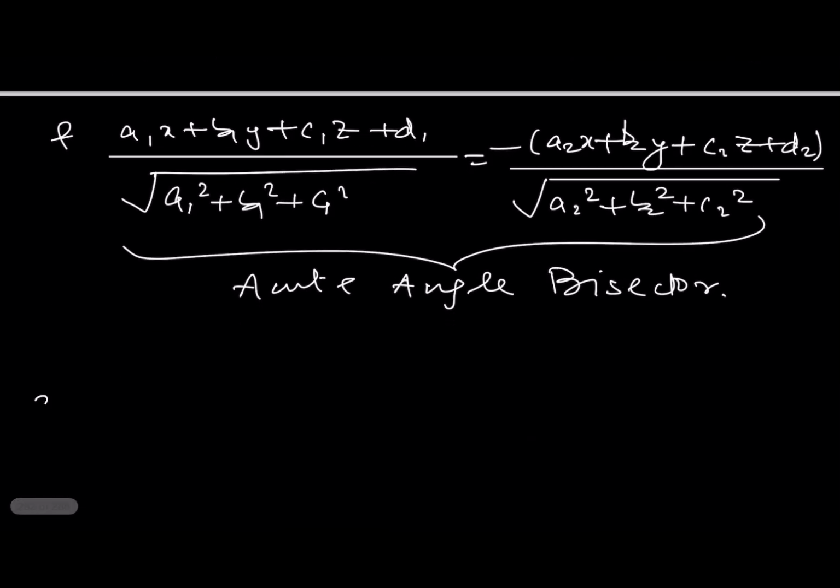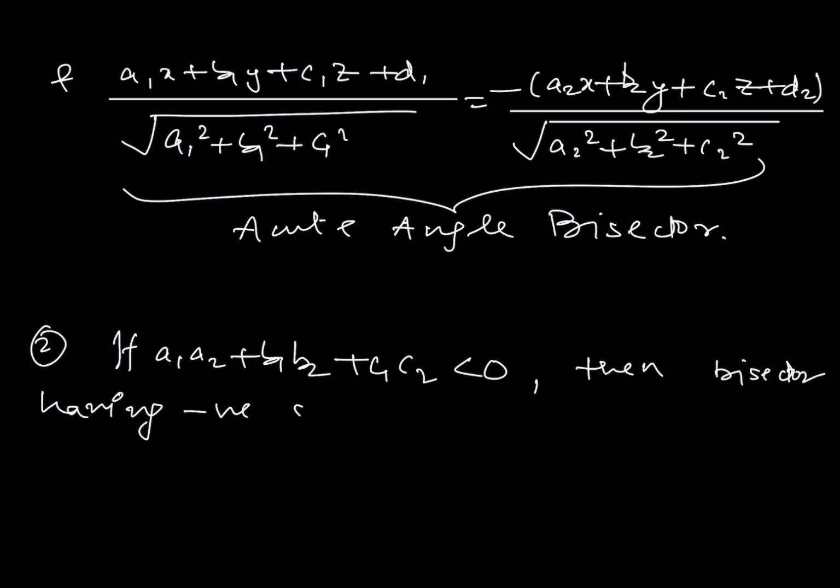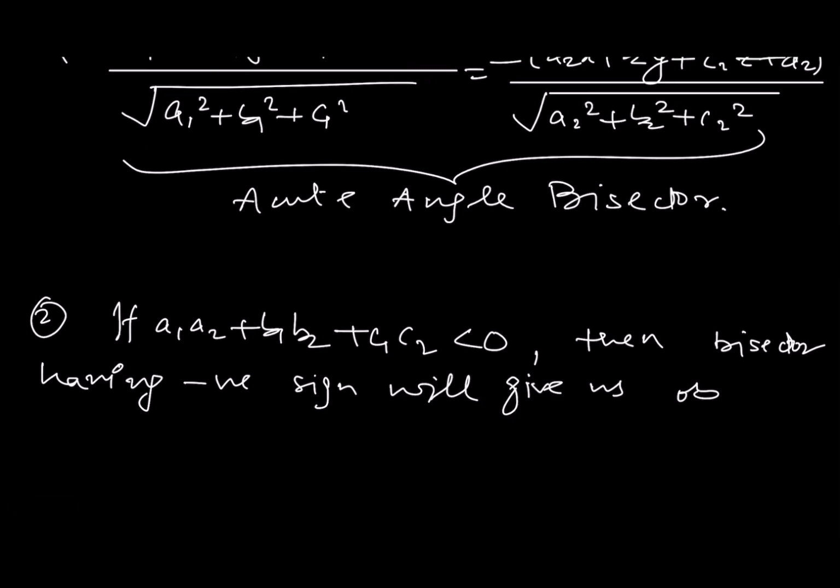And second, if A1A2 plus B1B2 plus C1C2 is less than 0, then the bisector having negative sign will give us the obtuse angle bisector. Obtuse angle bisector, right?